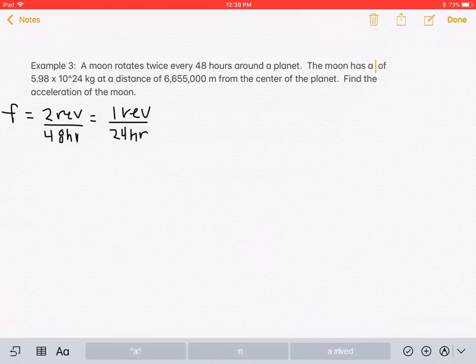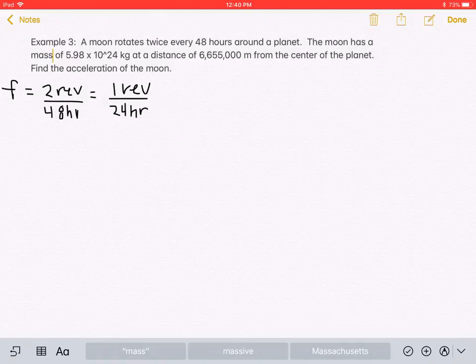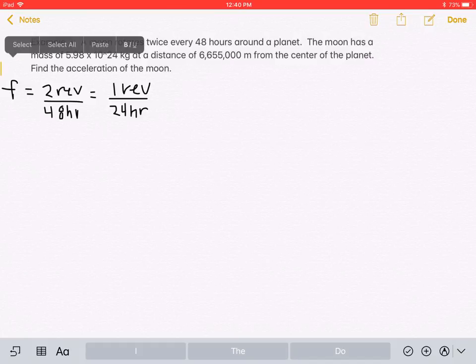The moon has a mass of 5.98 times 10 to the 24th kilograms. The radius is 6,655,000 meters from the center of that planet. Find the acceleration of the moon. So just change, the moon's mass is 5.98 times 10 to the 24th. Ignore the mass of the planet. We'll talk about that in a later unit.